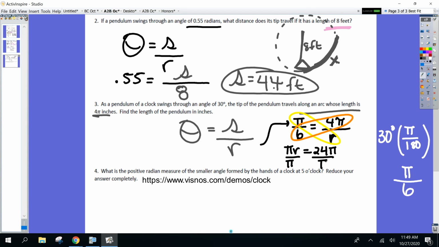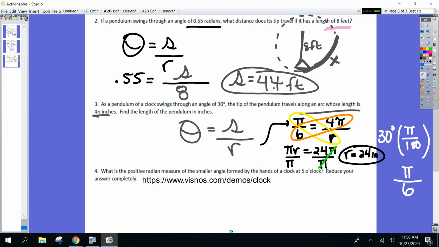There you go. And what happens? They cancel, and I'm just left with the radius equal to 24 inches. We okay?